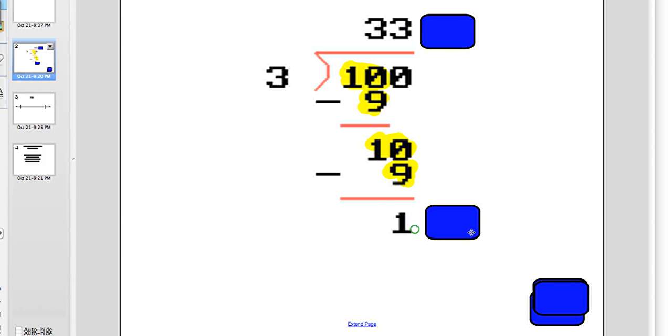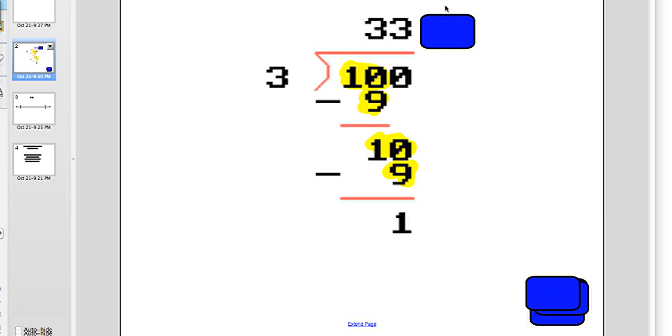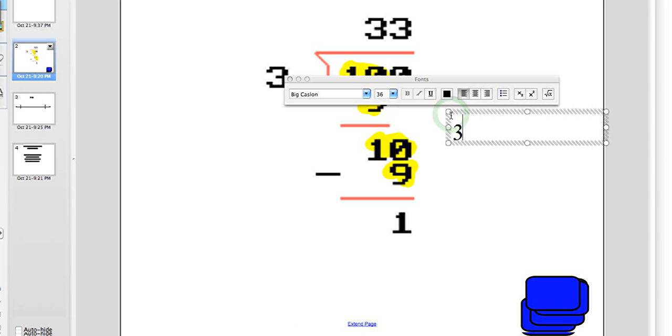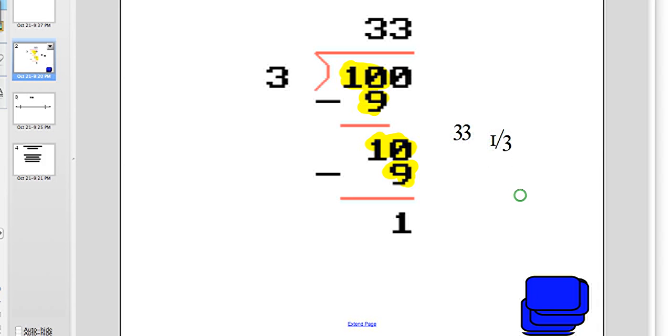Well, we had one left, right? So we had 1 remaining. You could either write that as remainder 1, or I'd write it as 33 and 1/3, because the 1 block needs to be cut into 3 parts.